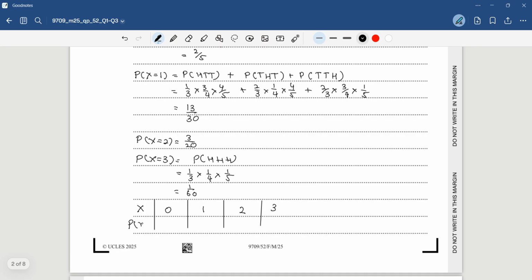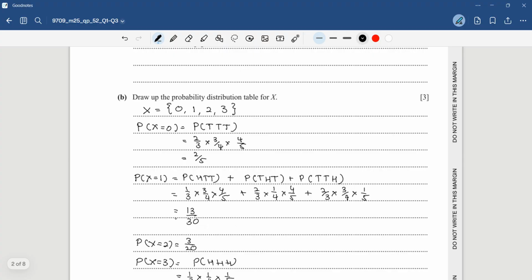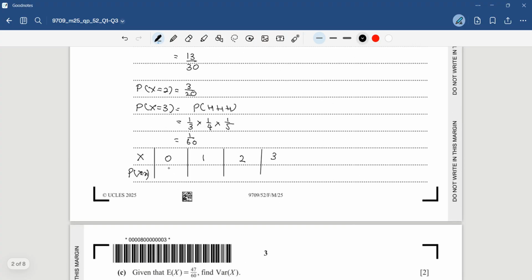And the probability of x equal to 0 is 2 over 5, then 13 over 30, 3 over 20, 1 over 60. Okay, so you must make sure that after you do this, the summation of this must be equivalent to 1, because the sum of probability is always equivalent to 1.